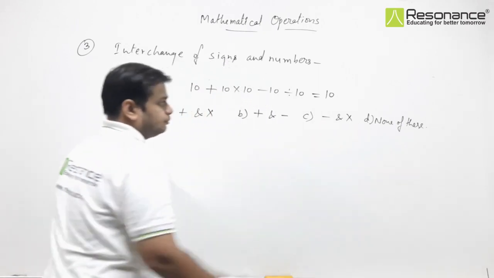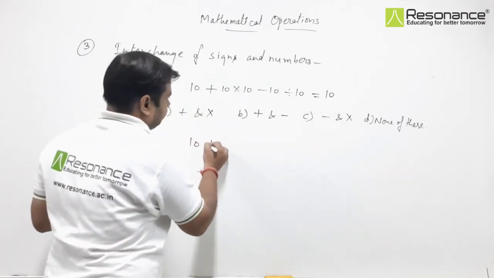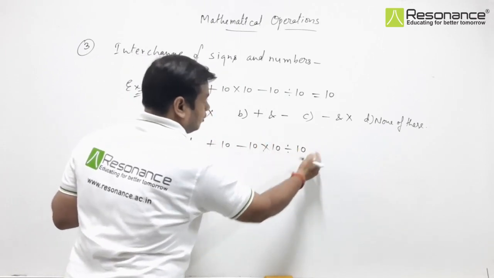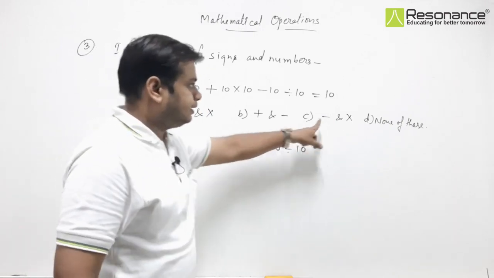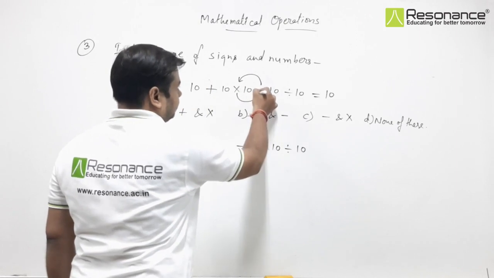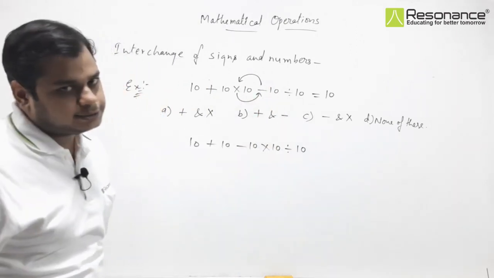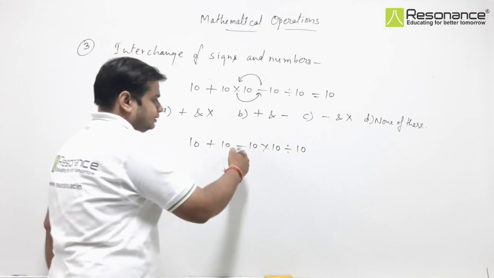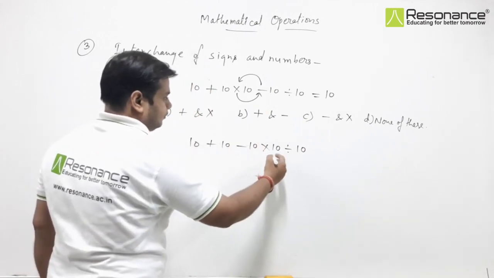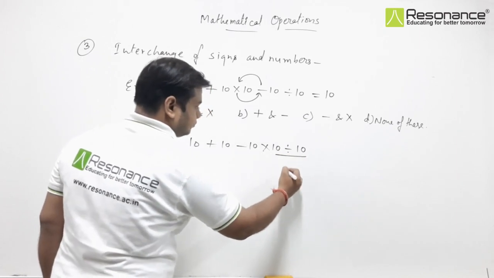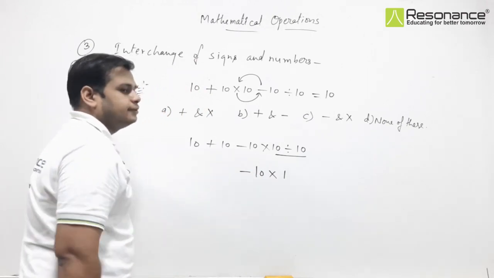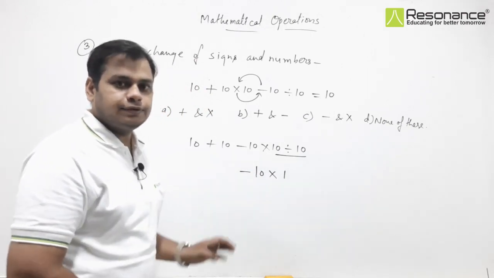Let's do option C. 10 plus 10 minus 10 multiply by 10 divide by 10. Why do I do this? Minus and multiply are interchanged. So minus will go in the place of multiply, and multiply will go in the place of minus. Now if we solve, 10 divided by 10 will give us 1, and 10 multiplied by 1 will give us only 10. So the number reduces very much.